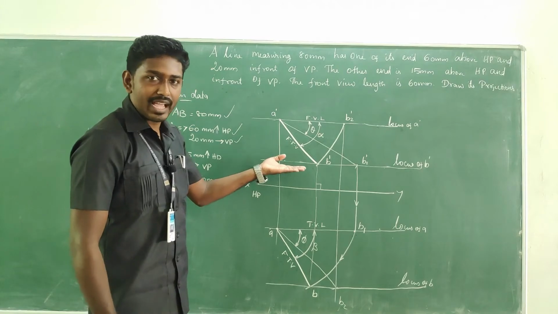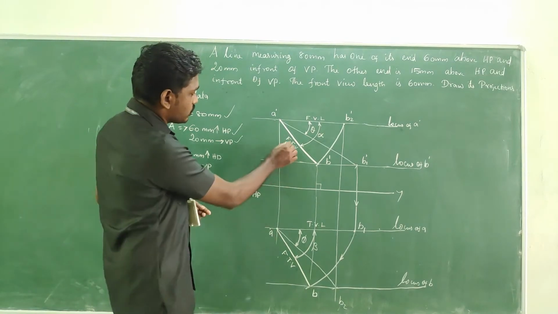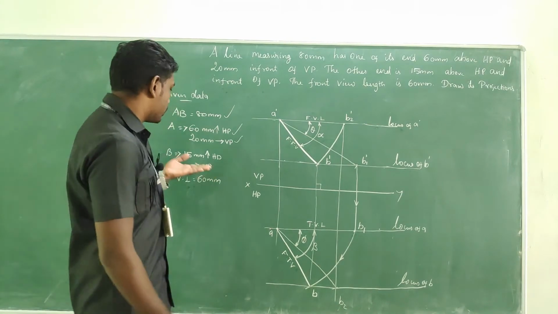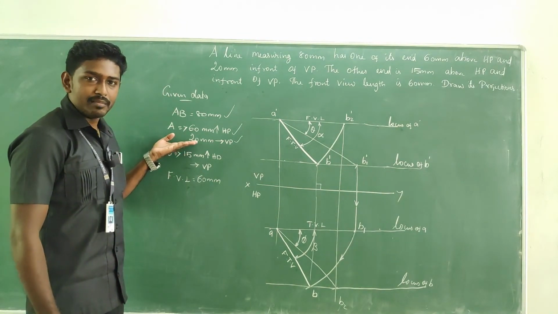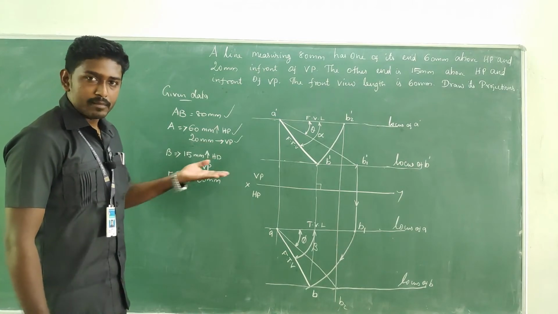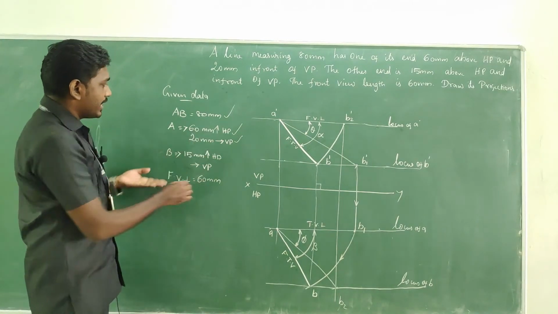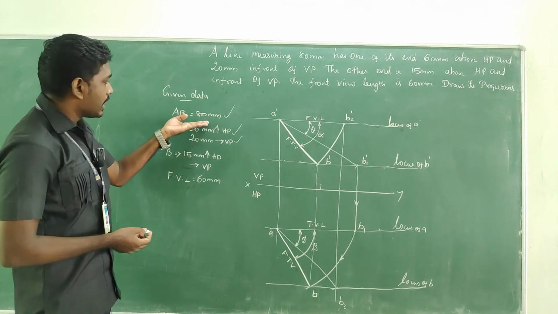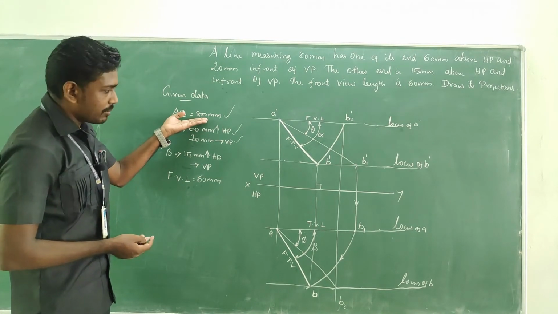In the projection of line, two things should be dark: one is the final front view and the other is the final top view. Next, we have to capture all the measurements in the diagram, right? So we have 5 data. Check whether we have captured all 5. Let me start with the true length, which is 80 mm.